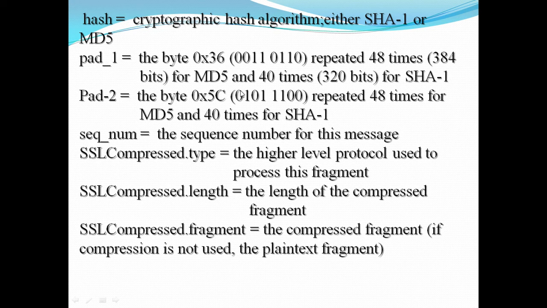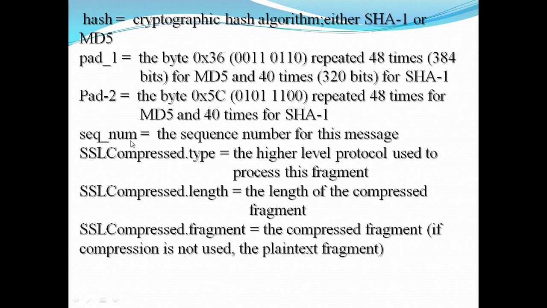This is for MD5, whereas 40 times for SHA-1. The 036 byte is pad 1. This is used to provide security. Pad 2 is 05C, a hexadecimal value, repeated 48 times for MD5 and 40 times for SHA-1. This uses the pad depending on the block size.